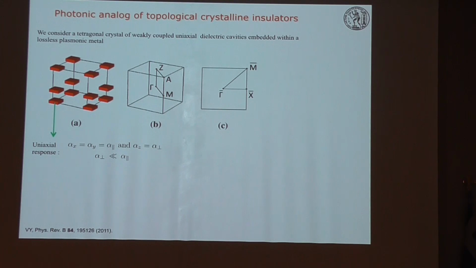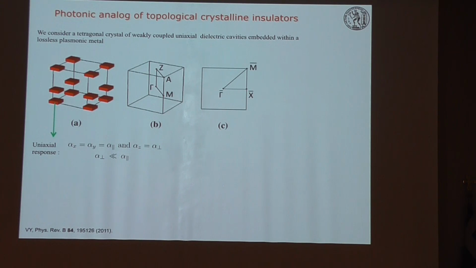So this is the photonic analog of a topological crystalline insulator. This is again a tetragonal lattice, which consists of anisotropic resonators. Typically, they may have a uniaxial response. For example, this would be a liquid crystalline material.